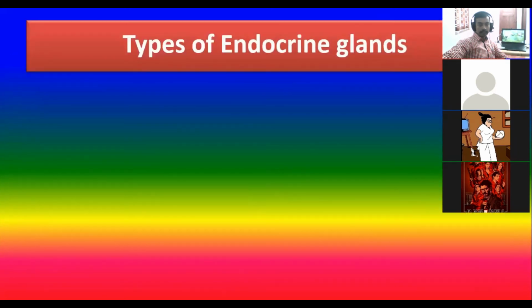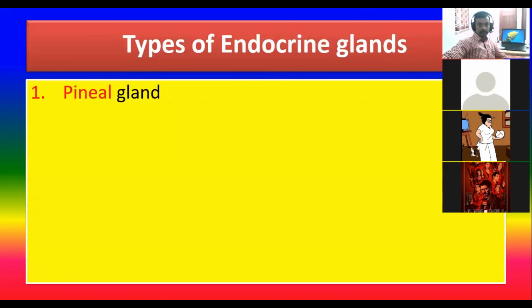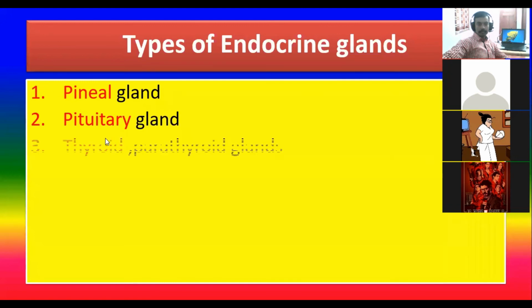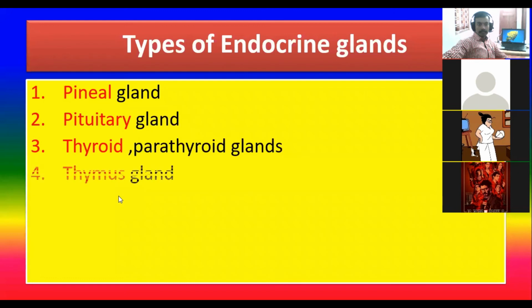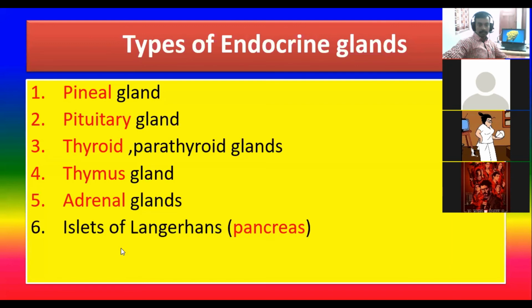Then types of endocrine glands. First, pineal gland. Second, pituitary. Third, thyroid. Fourth, thymus. Fifth, adrenal. Sixth, pancreas, the islets of Langerhans, which are in the pancreas, we have seen in the picture.